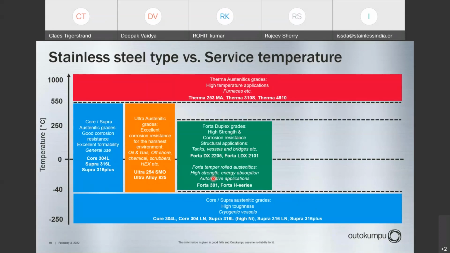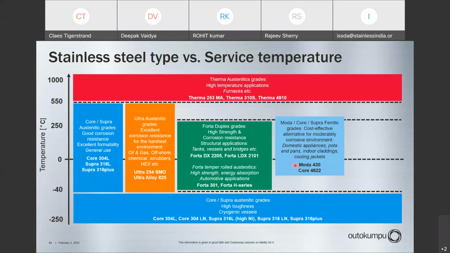Then you have the temporal austenitic grades. They can be used in a wider temperature range than the Duplex, but not as wide as the standard austenitic grades. And then we have ferritic grades. They can be used in a slightly wider range than the Duplex, and also the martensitic grade, when you need high wear resistance, can be used in a slightly wider temperature range than the Duplex.